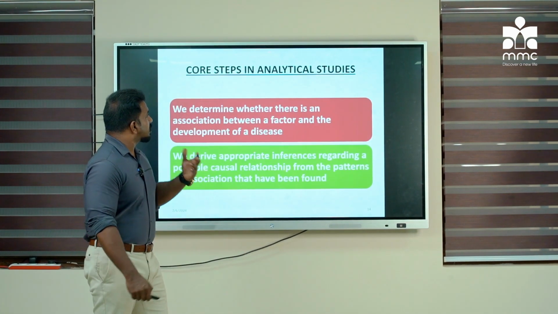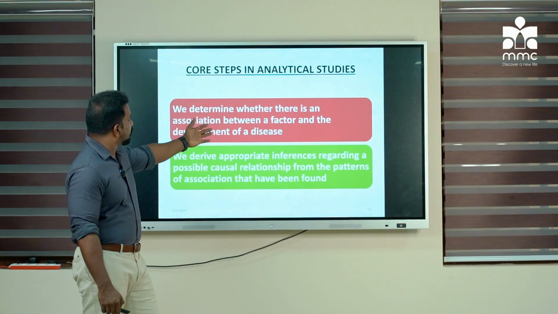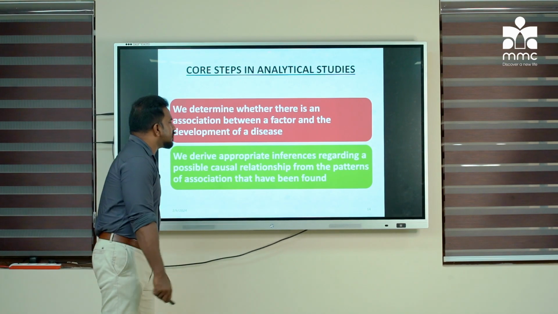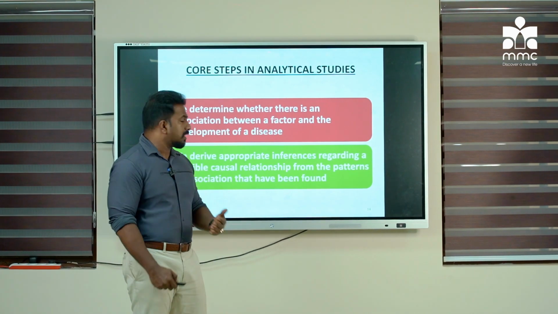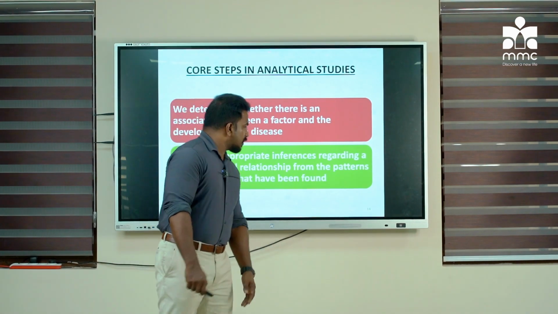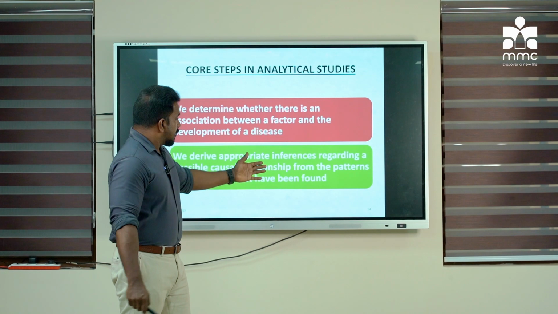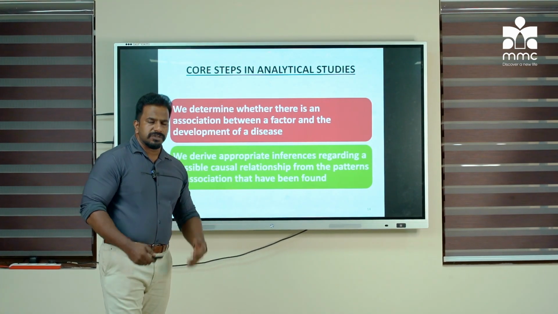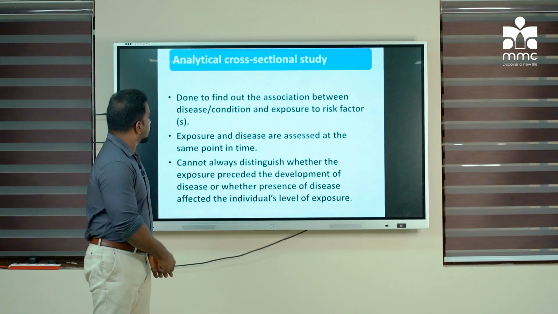So the core steps in an analytical study: we determine whether there is an association between a factor and the development of a disease, and we derive appropriate inference regarding a possible causal relationship from the pattern of association that has been found.